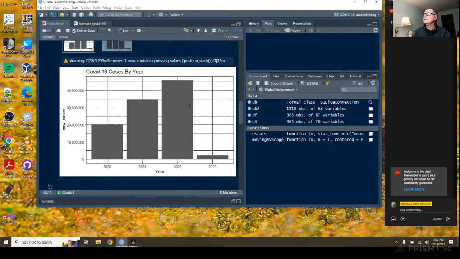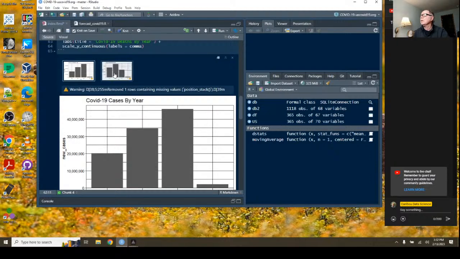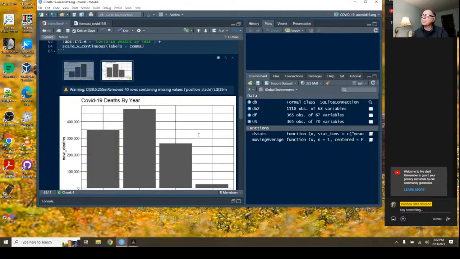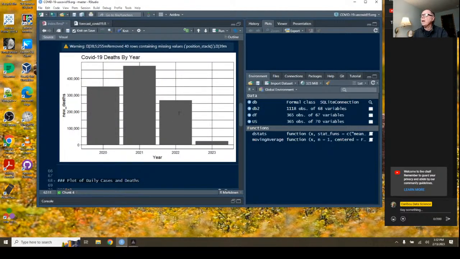I would say deaths are more important than cases. So even though you had the highest number of cases in 2022, the third straight year of increase, you've had the lowest number of deaths of any year so far, which I think is interesting.